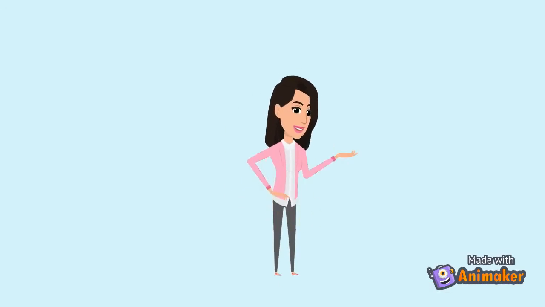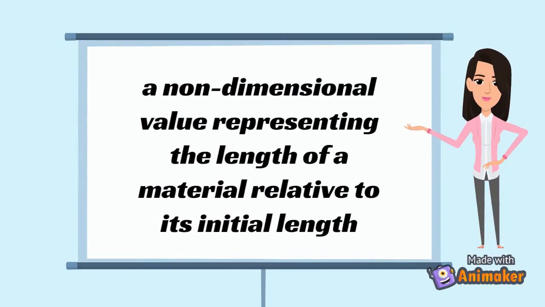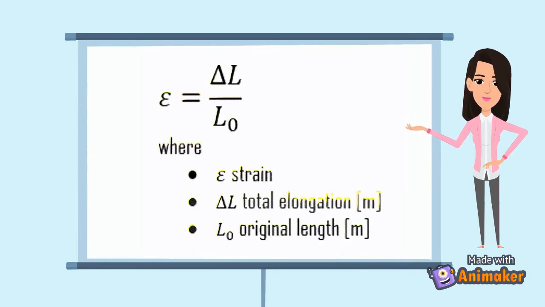So, now we know what strain is. Next, strain measurement is a non-dimensional value representing the change in length of a material relative to its initial length. Usually, the changes are minimal. Hence, the unit used for the measurement is micrometer per meter, or microstrain.